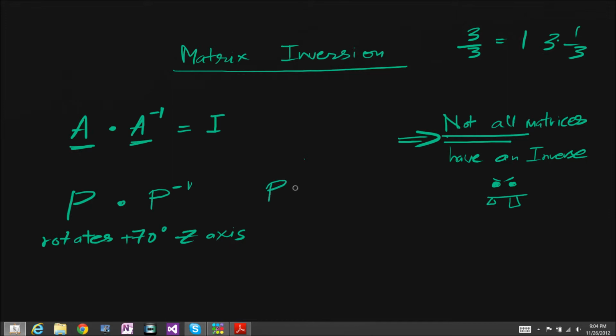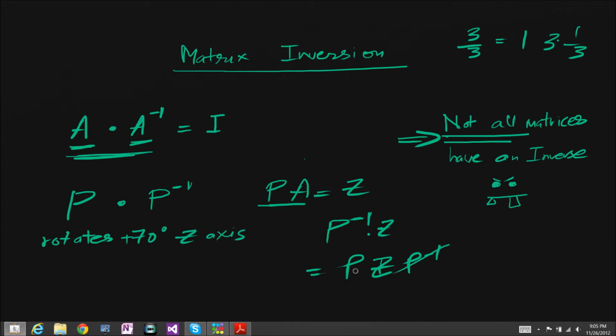Now let's say we first did PA, and let's say the product of this was Z. Now let's say we do P inverse multiplied by Z. Now, due to this property, this is something like P inverse, P, Z, and these two cancel out, and we get the original matrix itself.